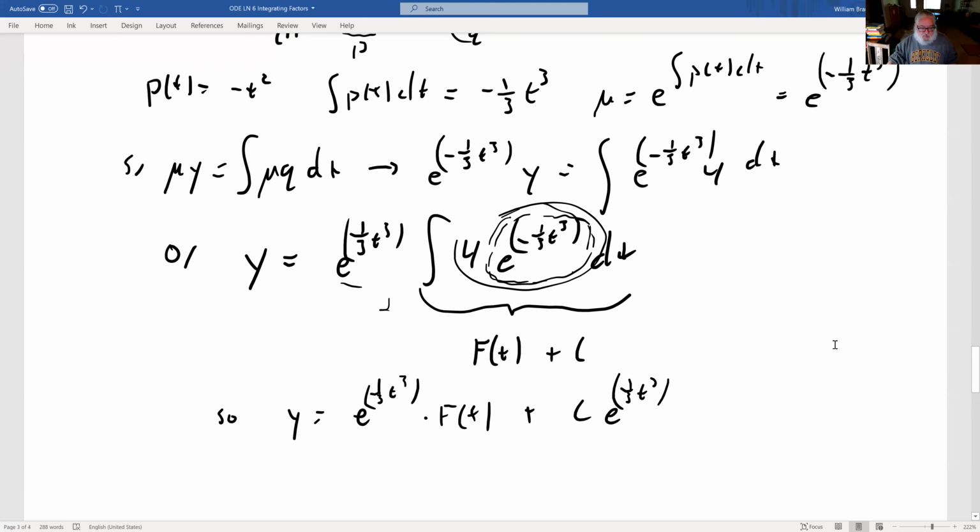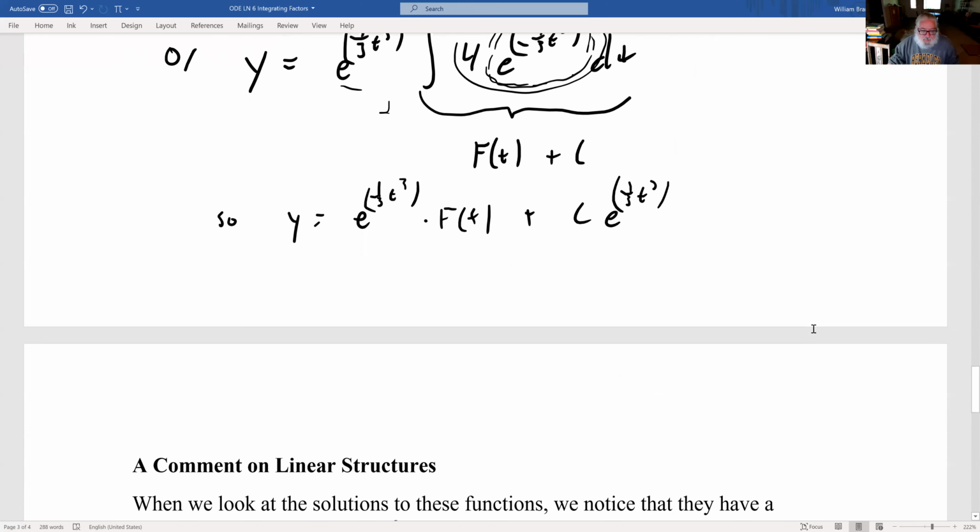And so there's our solution. Sometimes you get something that can't be integrated, but that doesn't mean that it's not a function. It's still a perfectly good function. We just don't know a formula for it. You can actually calculate out what the values are for that if you use Taylor series or something like that.